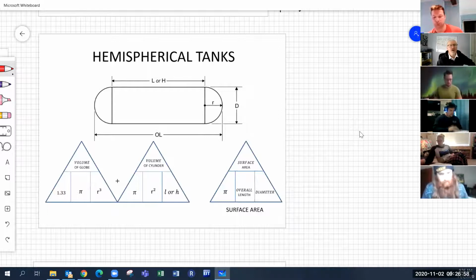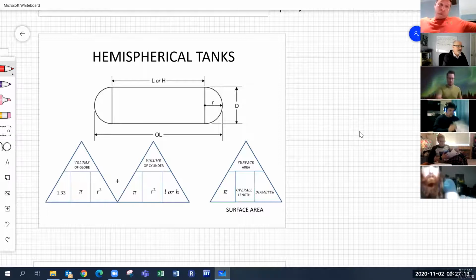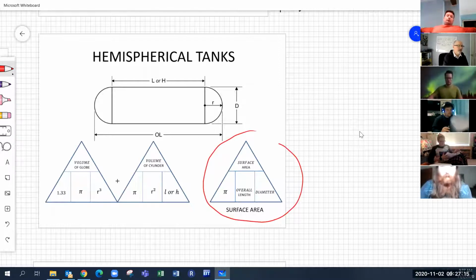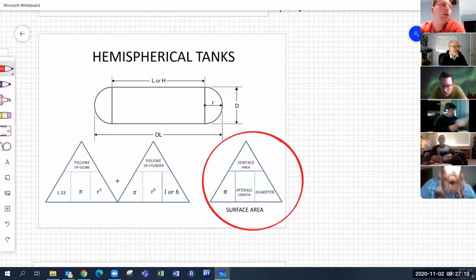You may not have this in your book per se. Might not be in this one, it might be in the volumes and capacities book. So right here is our formula for the surface area of a hemispherically ended tank.